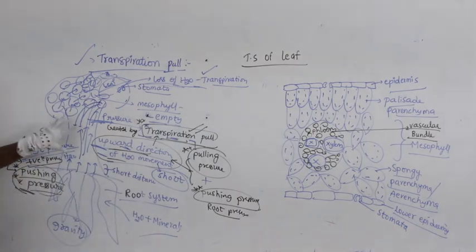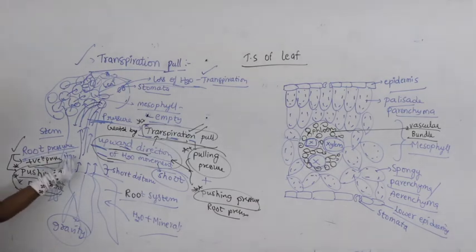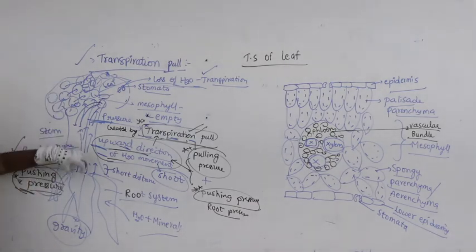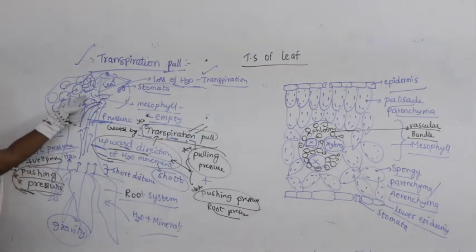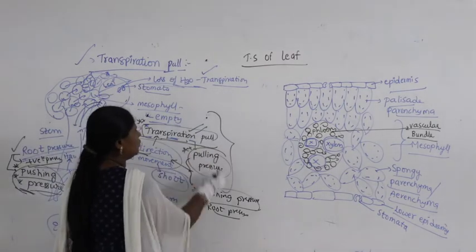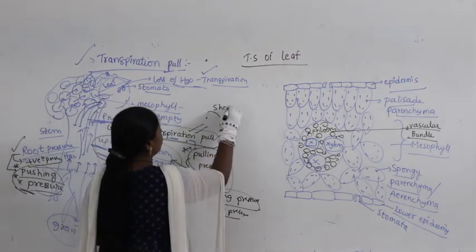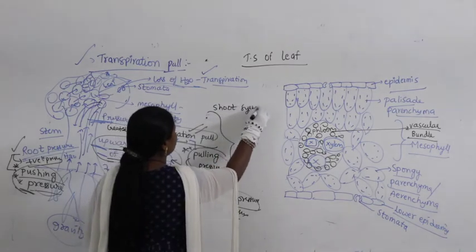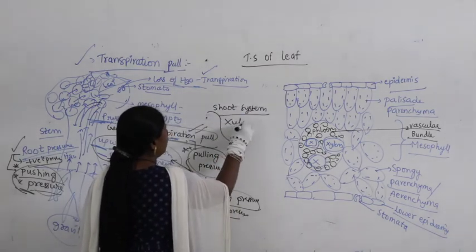Now, let us come back to the inside of the shoot system, inside the stem. Root pressure is lifting the water and giving, and transpiration pull is taking the enormous water. How does it happen? Now, within the leaf or within the xylem, this pulling and pushing are happening where? Within the shoot system. Within the shoot system, who plays a vital role?